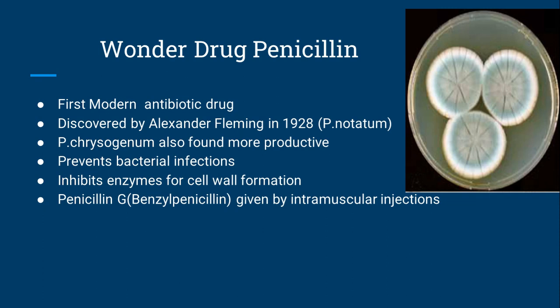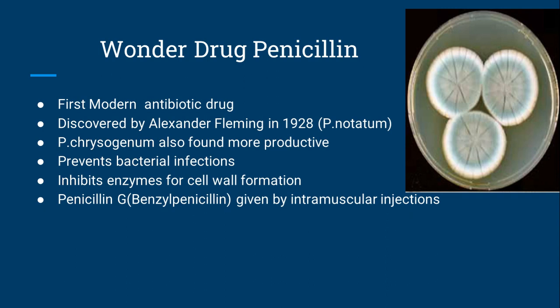Antibiotics are those organic compounds which are synthesized from microorganisms and are used to retard the growth of certain disease-causing microorganisms. This antibiotic drug, that is penicillin, was discovered by Alexander Fleming in 1928 from the species Penicillium notatum.